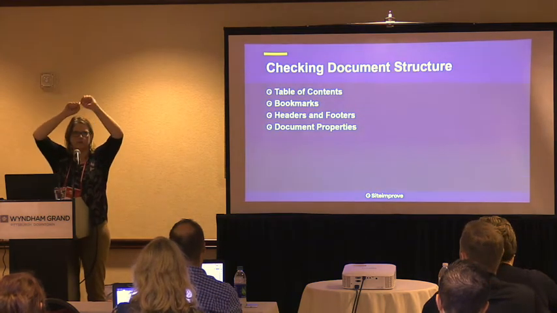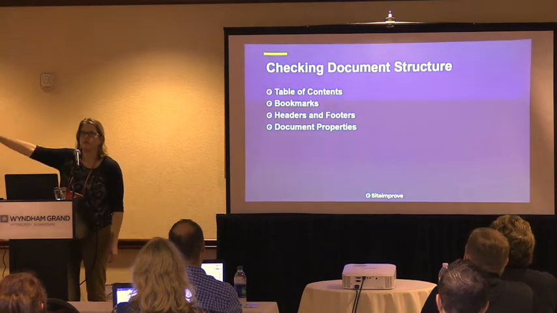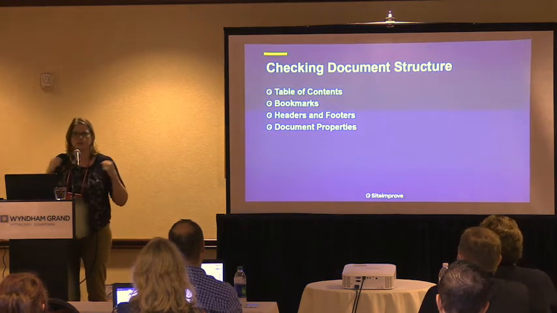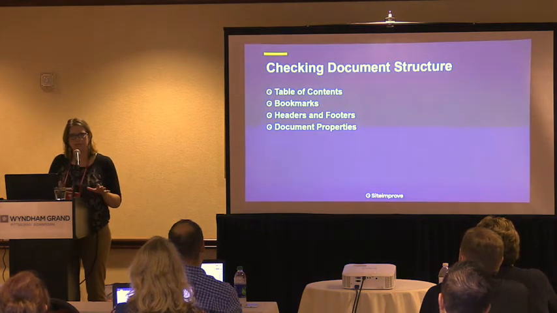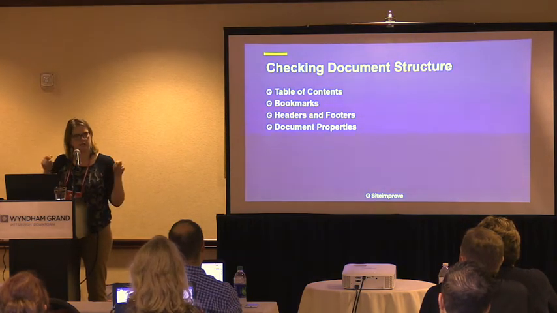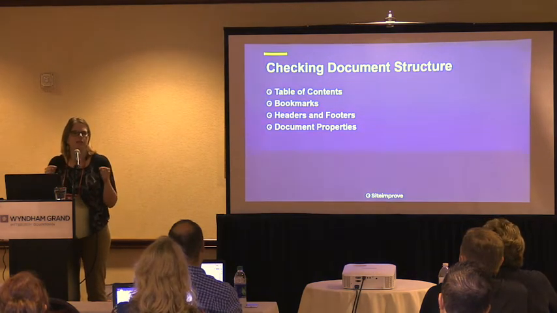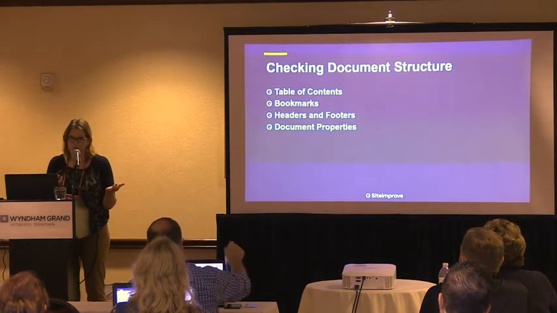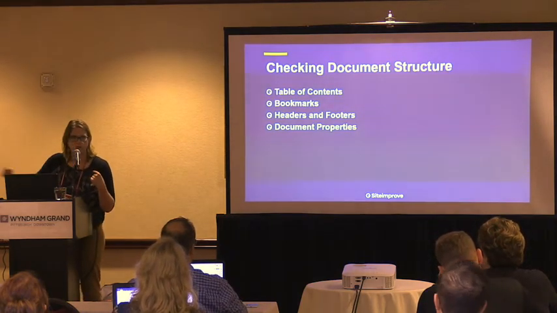A note about headers and footers: in Microsoft Word, when you transfer it over into Adobe, headers and footers automatically become archived because Adobe sees that as repetitive information and doesn't think that the user needs it. So if you are conveying important information in your header and footer that you would want somebody to know, you're going to have to do a couple of extra steps when you're over in Adobe, okay?